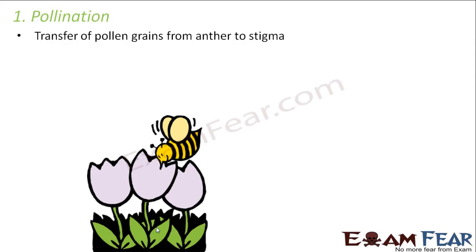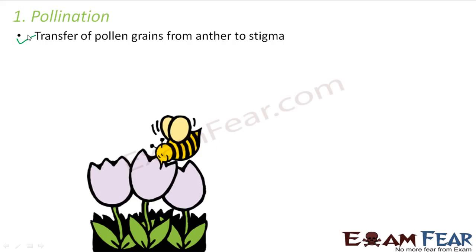So this transfer of pollen grains is known as pollination. That has to be the first step, because only after the pollen grains reach the female reproductive organ can the fusion between the male and female gametes happen. Now this transfer can happen from anther to stigma of the same flower, or from anther of one flower to the stigma of another flower. Both are possible.